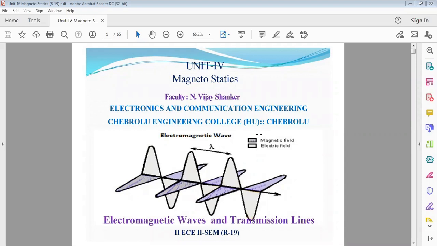In the last class, we discussed the magnetic field intensity due to a line charge, a surface charge, and a volume charge by using the Biot-Savart law. Now let us go to another topic, the magnetic field intensity due to the infinite line charge.